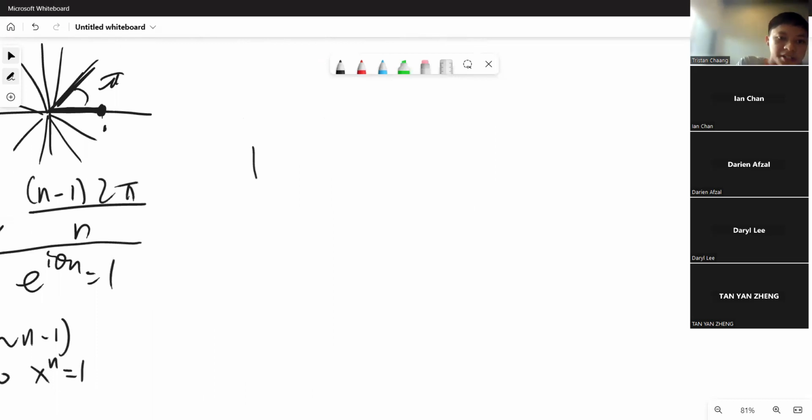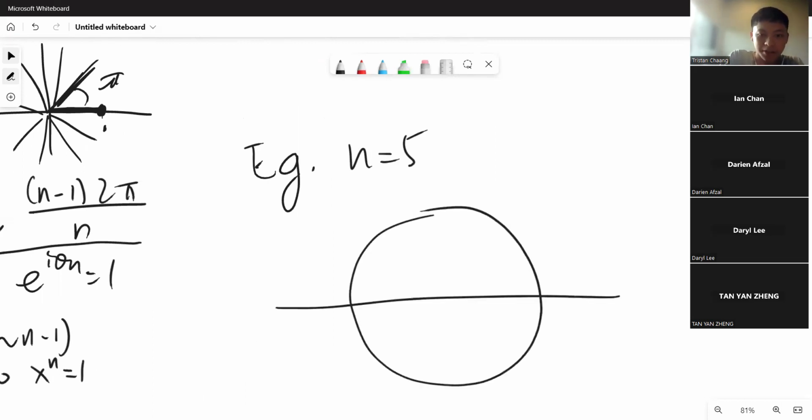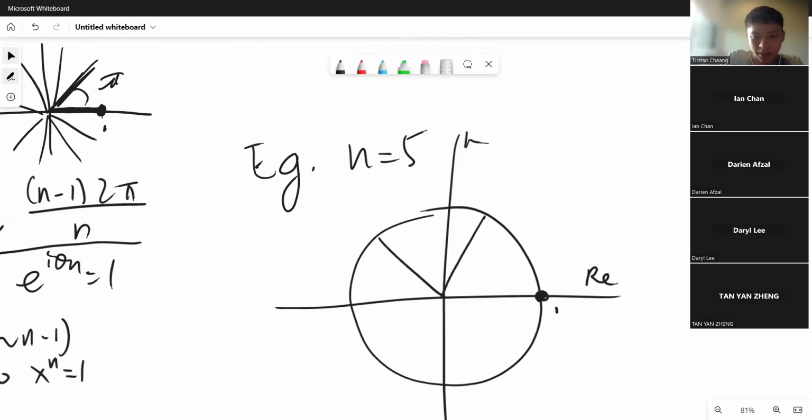So for example, n equals 5, maybe. The 5 solutions lie on the unit circle. The first solution is 1, and then we're going to cut this into 5 parts. So this is e to the 2 pi i over 5.